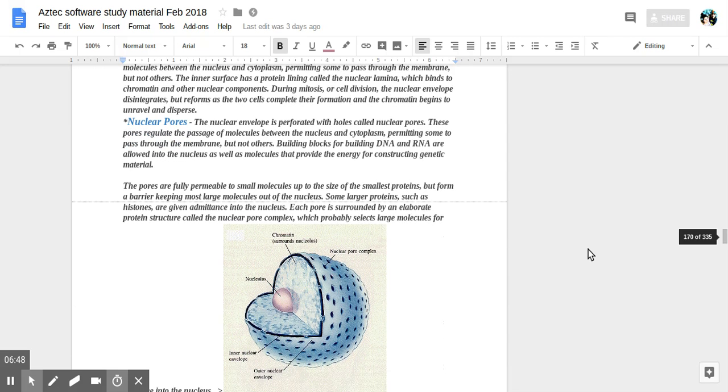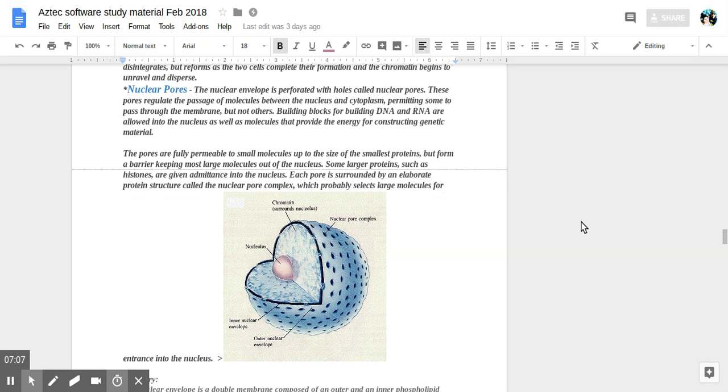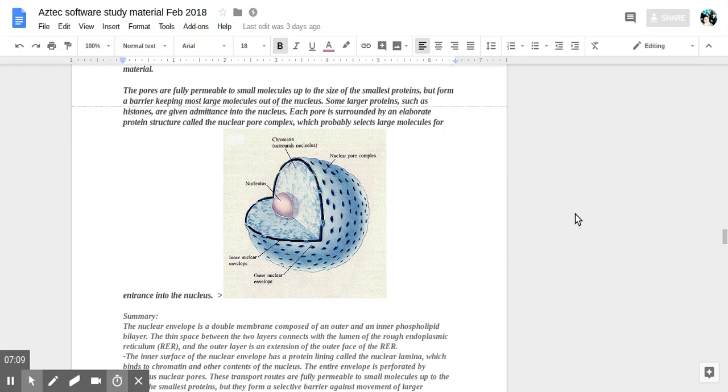Each pore is surrounded by an elaborate protein structure called the nuclear pore complex, which probably selects large molecules for entrance into the nucleus. So again, you have the pores, the nuclear envelope, the nucleolus, and chromatin.